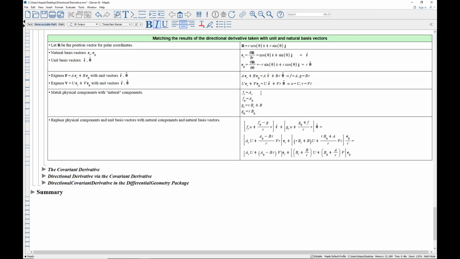So to summarize here, what happens when you take derivatives? You take the derivative of f with respect to r, you are differentiating a with respect to r. F with respect to theta, differentiating a with respect to theta. When you differentiate g with respect to r, you are differentiating this product.